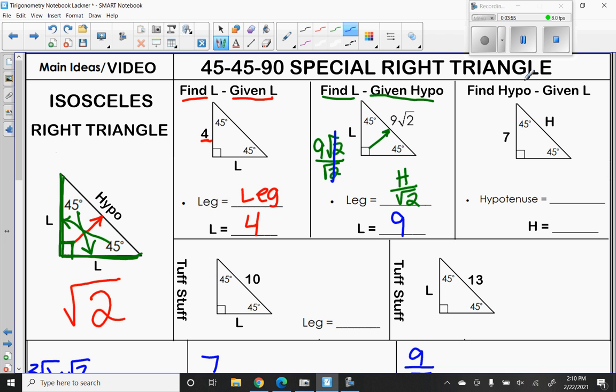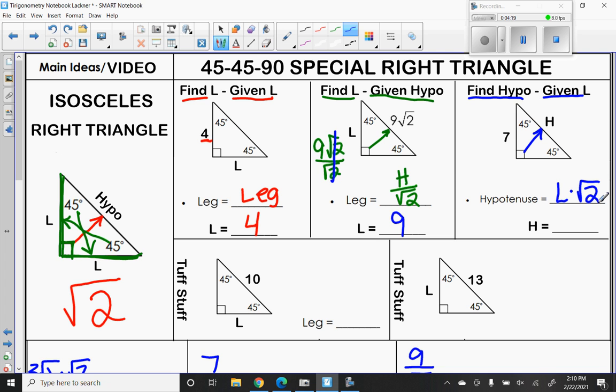Okay. Now, how to find the hypo. So here's our first one where we're trying to find something that's in the H position, the hypo. And it gives you a leg. So it gives us a leg of 7 here. How do you find the hypo? The formula for hypo is to take leg times radical 2.